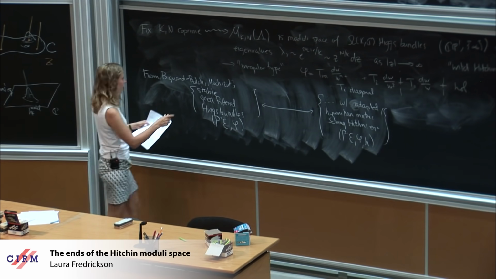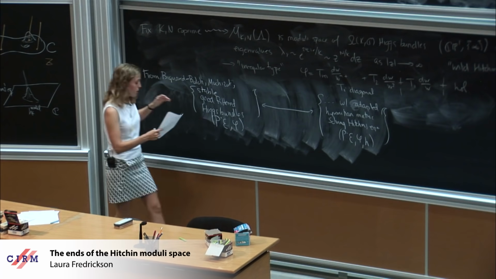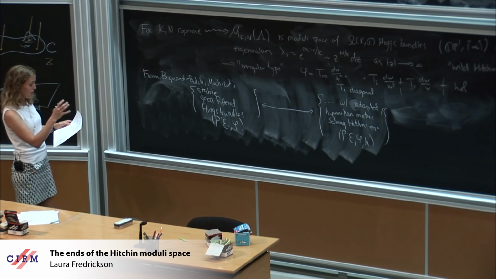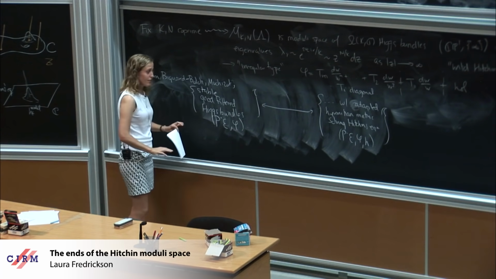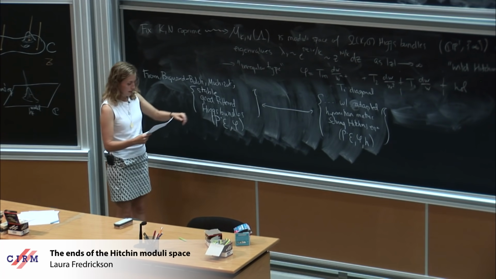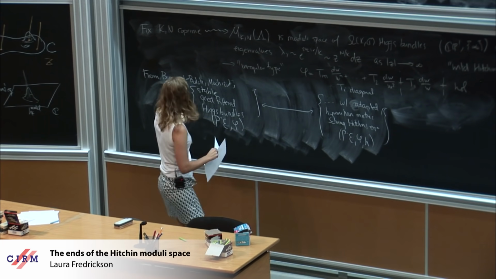So I wanted to point out that I'm not writing that this is equal to the moduli space. This is true just purely at the level of points in the moduli space. And in the case of these good filtered things, this result of Mochizuki doesn't say anything about the moduli space itself.